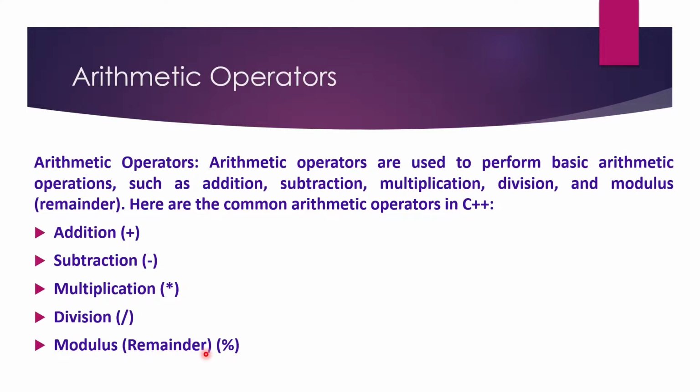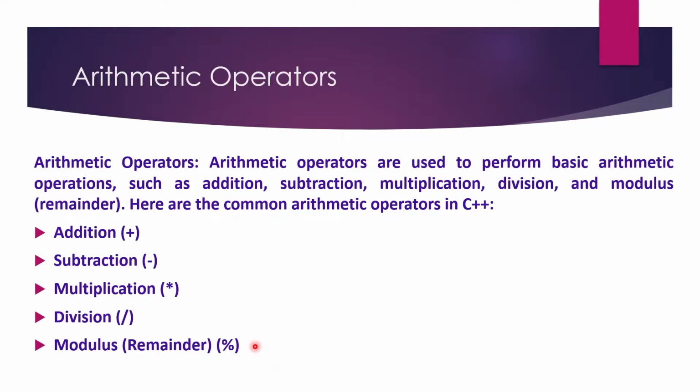If you are talking about any other language like Python, you might have some other extra operators there, but in C++ we have five arithmetic operators: addition, subtraction, multiplication, division, and the modulus or the remainder. I will show you code and examples so that you can really remember this and understand the concept very deeply.